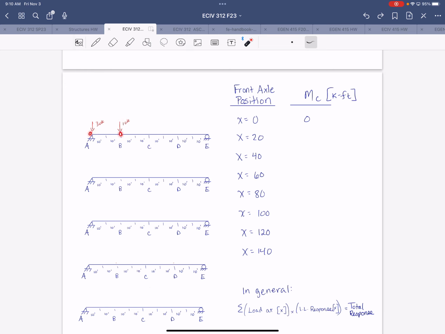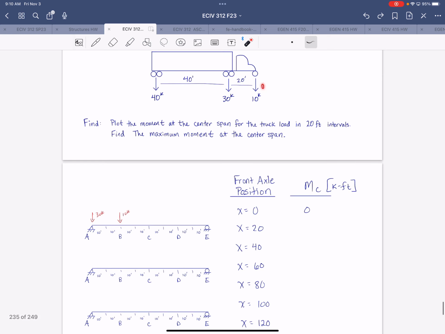So the next 20-foot interval would place that front axle at B. So we have the 10 kip load here, and we'll place the 30 kip load 20 feet behind it at A. This corresponds to x equals 20, where x represents the position of the front axle.